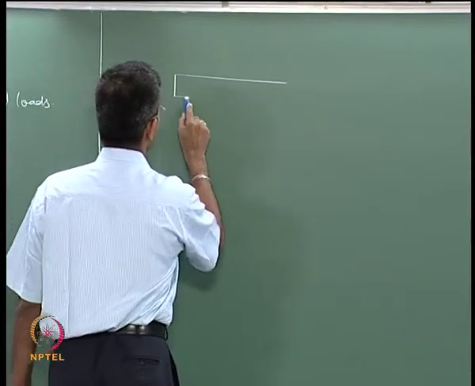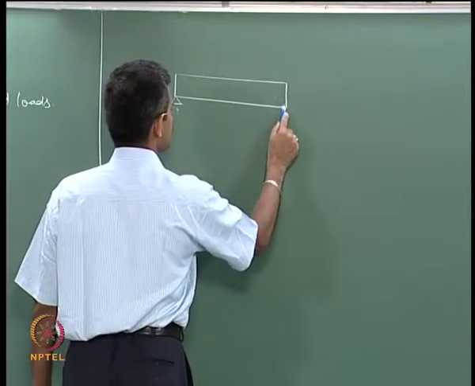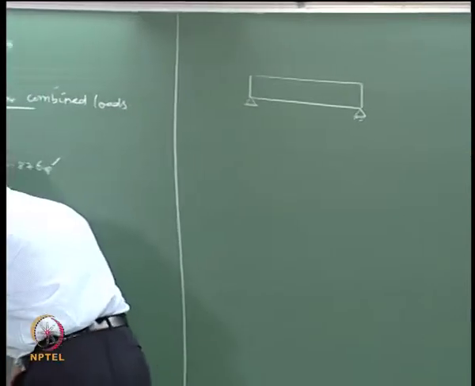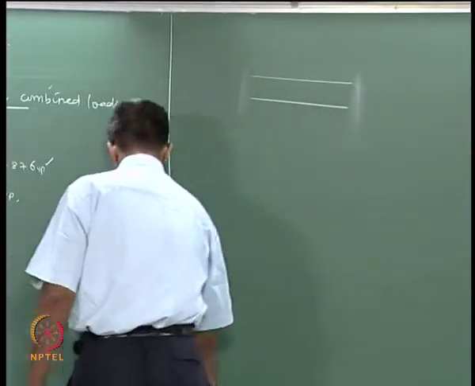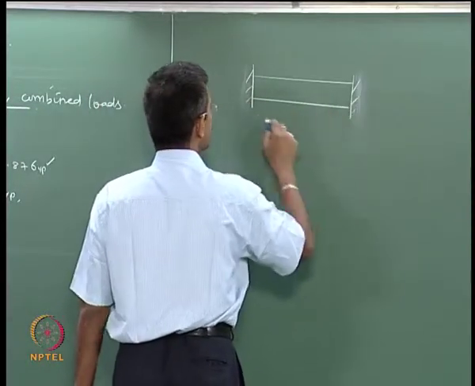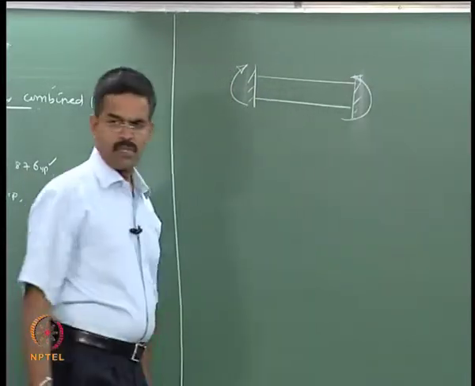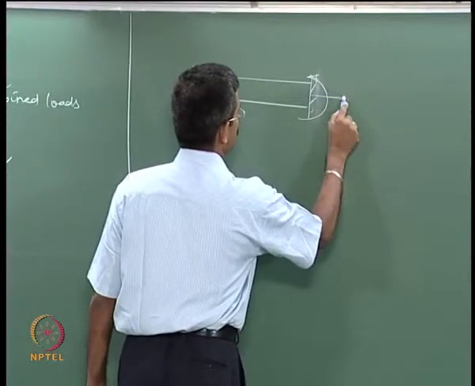a simply supported beam for a span of L, let us say, or let us say I have a fixed beam of span L subjected to end moment as well as axial force.